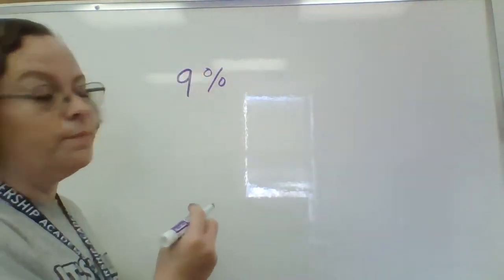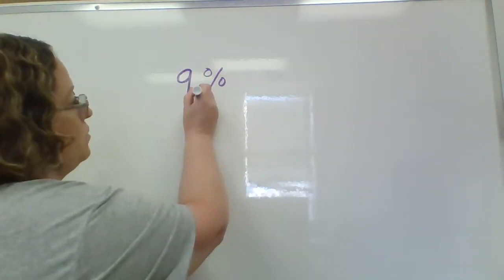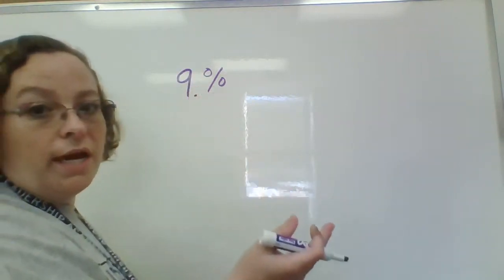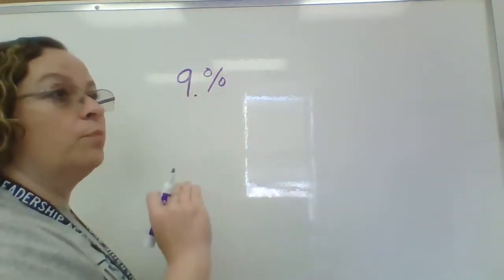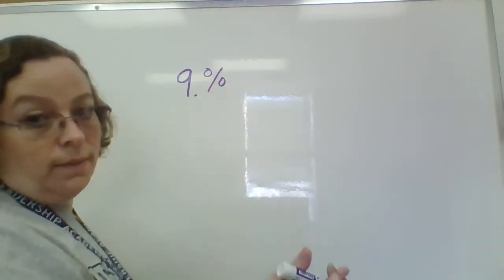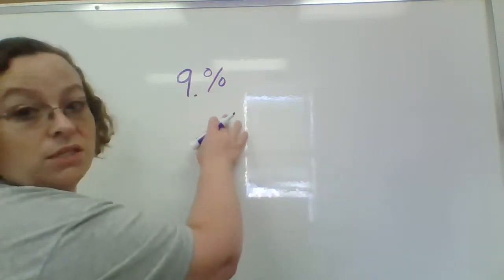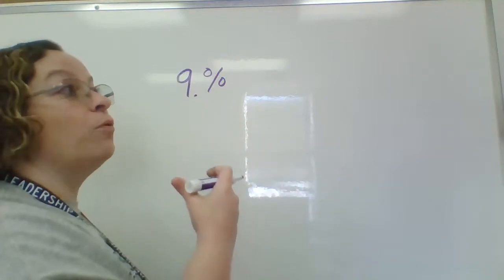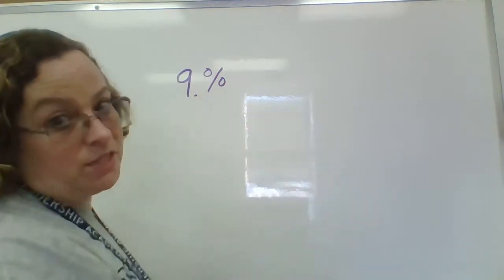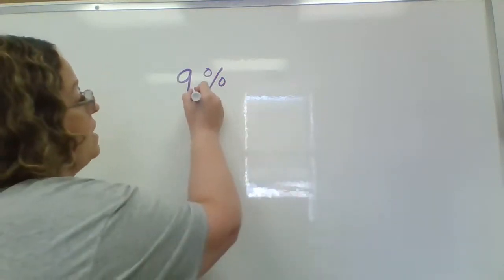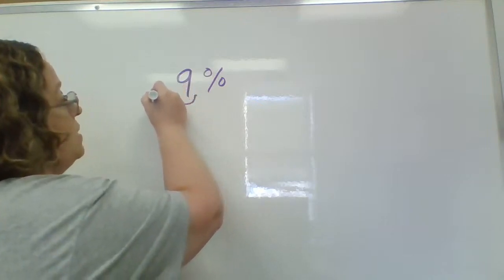So we have 9%. Remember, there's an imaginary decimal right here. In order to create a decimal that we can plug into an equation, because we don't use the percentage, we use the decimal that represents that percentage, we have to take this decimal and move it 2 places to the left.